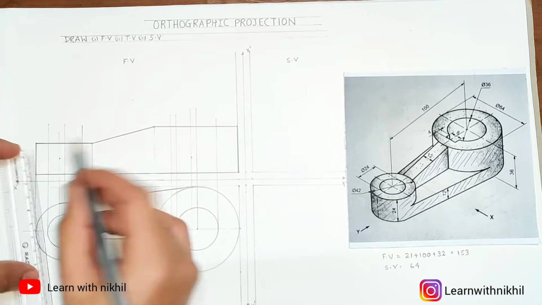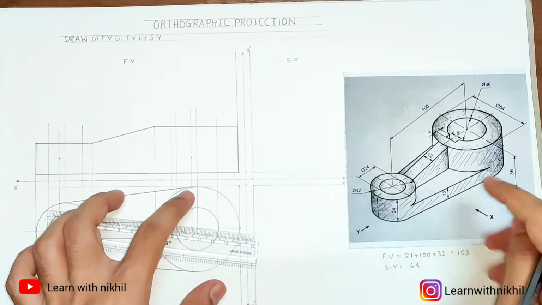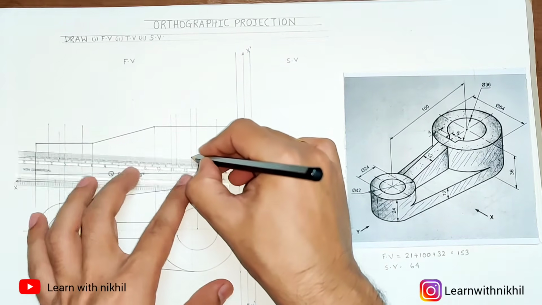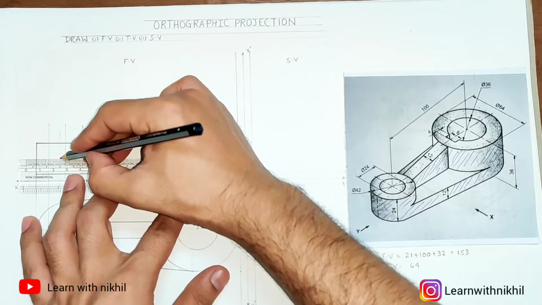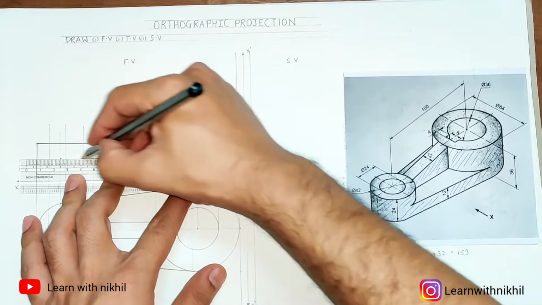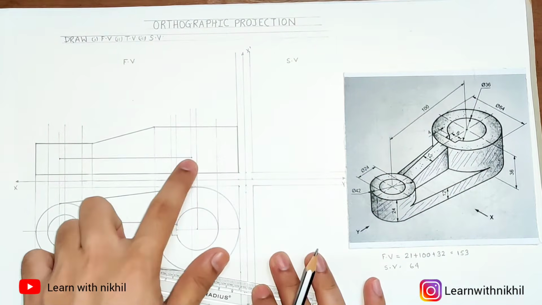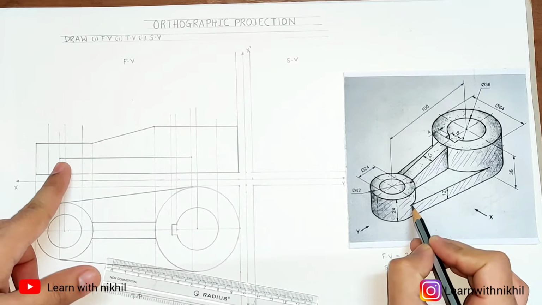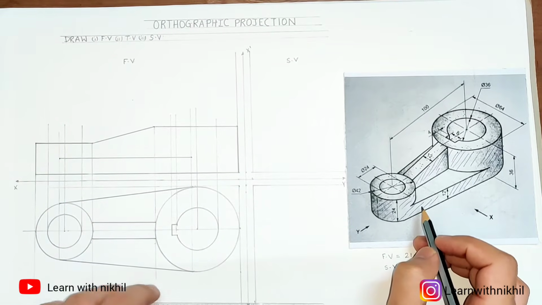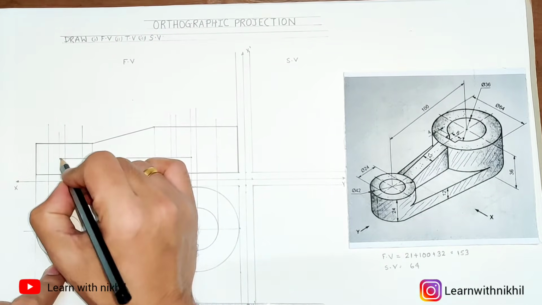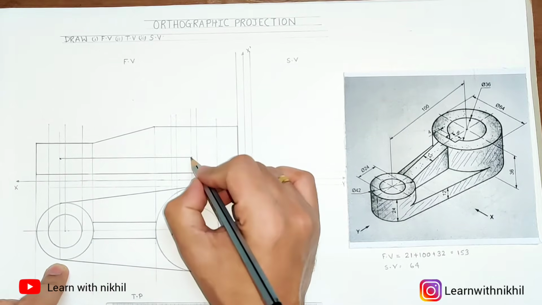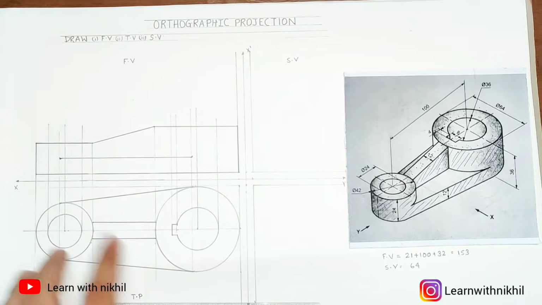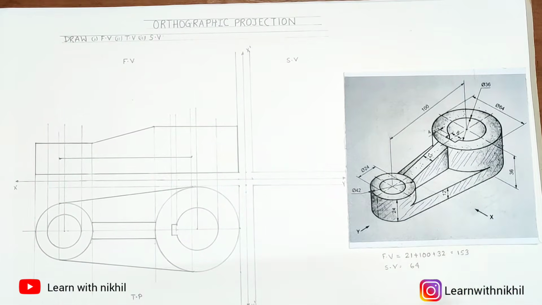So from here also 12 millimeter above. As you can see, it touches the tangent line. So that was the reason we first drew the top view and then projected it upward to the front view. So there is a small notch or the circular part. We will just draw a small notch at the end, so it will resemble that there is a circle present, or it is like a tangent attached.